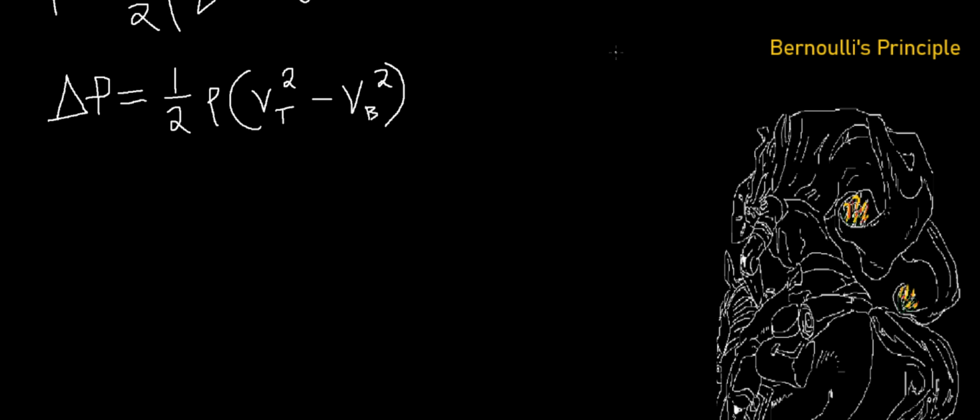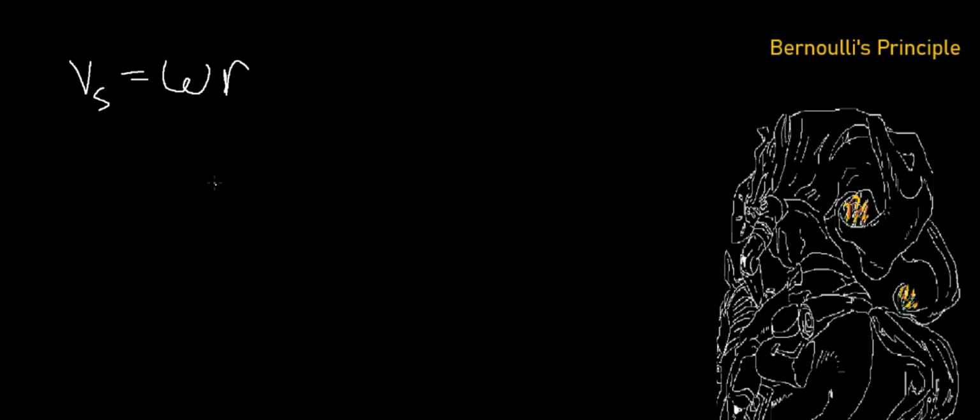Now we need to model the air speeds. So if you let V be the headwind and let Vs be the surface speed of the spinning steel ball, we'll write this. Equals omega r, rotational velocity and the radius of the ball.